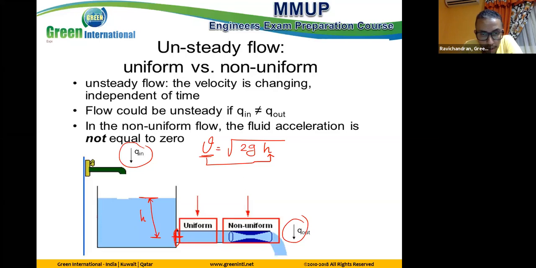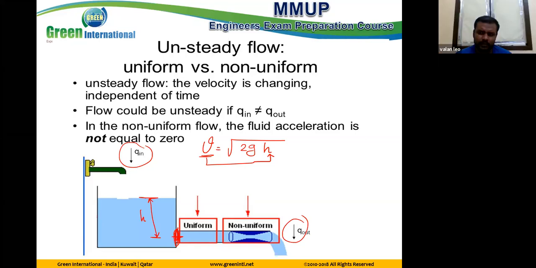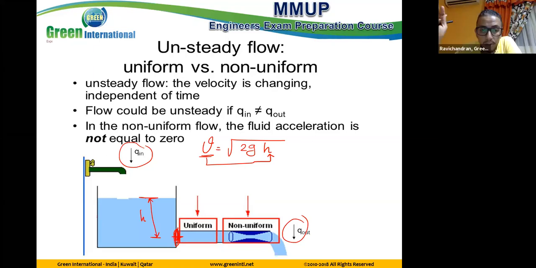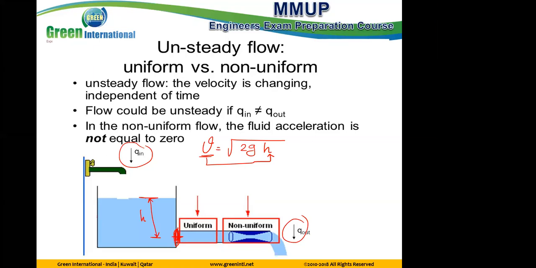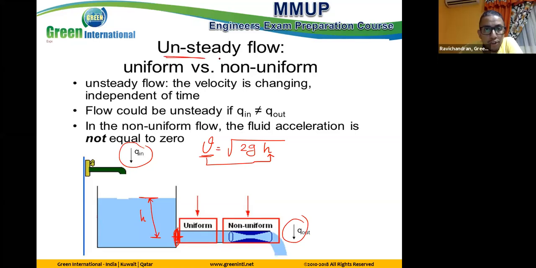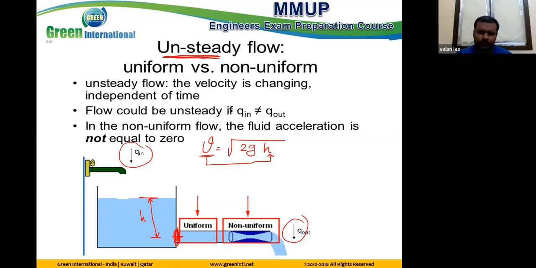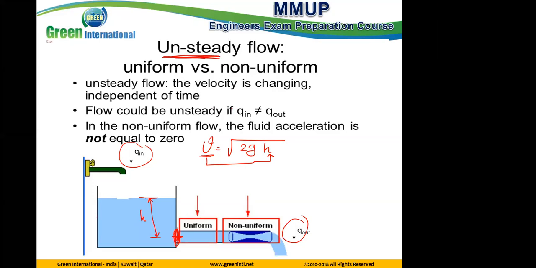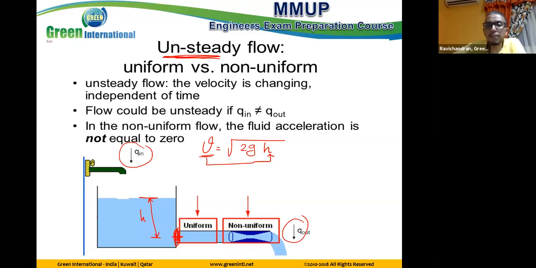So the velocity crossing this cross section at a certain position increases or decreases according to the h level, correct? It will vary, so for sure it is unsteady. Correct. But I need to go to the second classification, uniform or non-uniform.